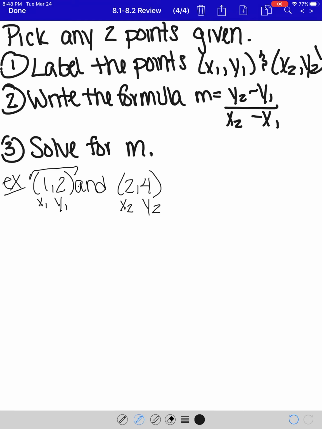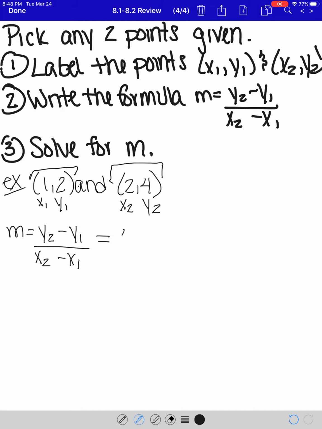So this is my first point, so I used X1 and Y1. This is my second point, so I used 2's. Okay? Do not mix up and do X1, Y2, X2, Y1, because then that's not going to give you the right slope.